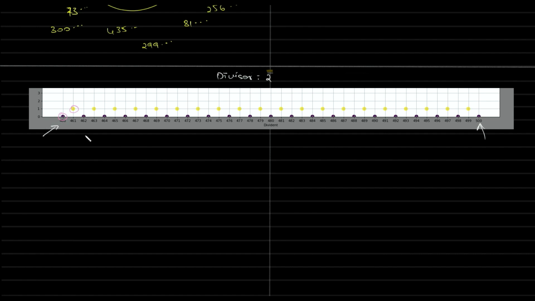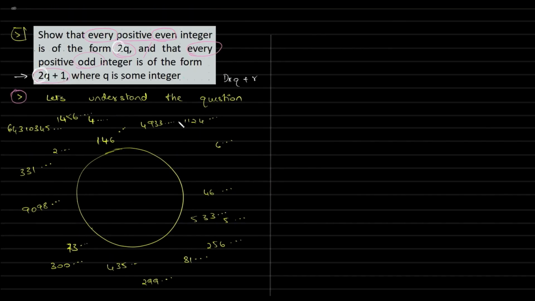Between this set of numbers, I have taken all the possible integers, and we just showed that all of these integers have a remainder of either 0 or 1. That's what the question is asking. But here they are not asking between 460 to 500. It's not between some numbers. It's every positive even integer, so all the possible numbers. They want a general statement.